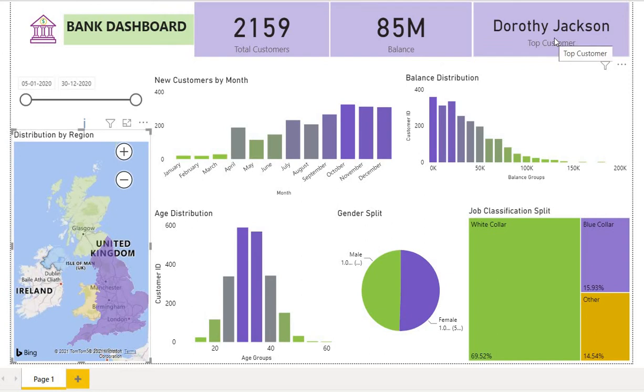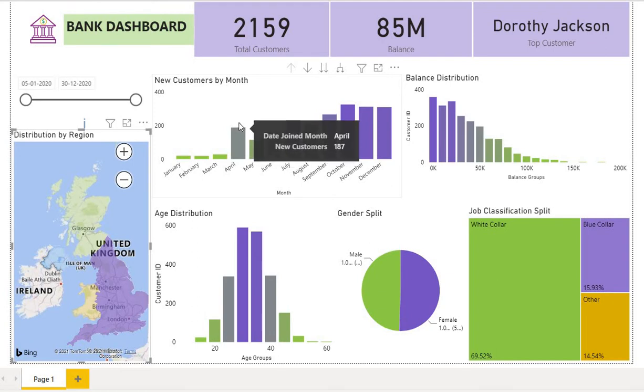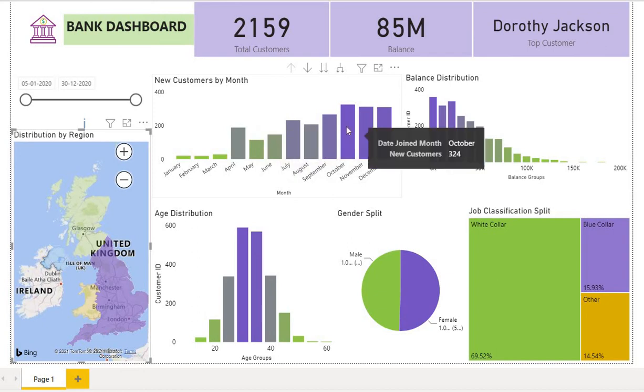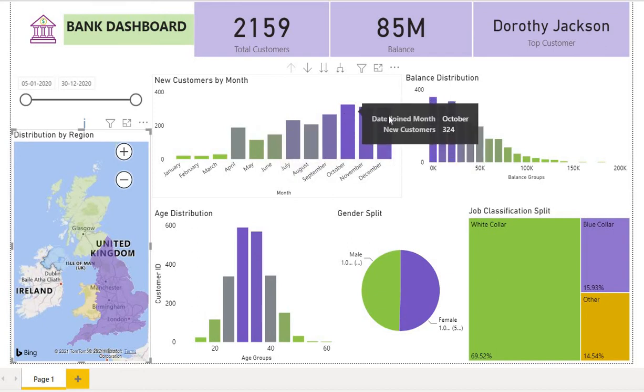The top customer here is Dorothy Jackson. Now, for the new customers by month, it has been observed that as compared to Scotland, there are more people enrolling, that is creating their accounts in a bank in the month of April than in May. In May, there is seen quite a decrease. Also, from the month of October till December, there is a flat growth. It is quite consistent.